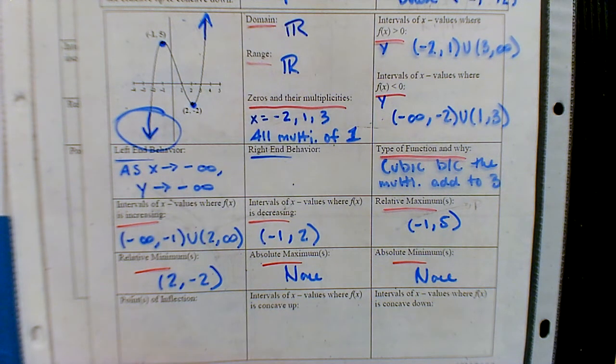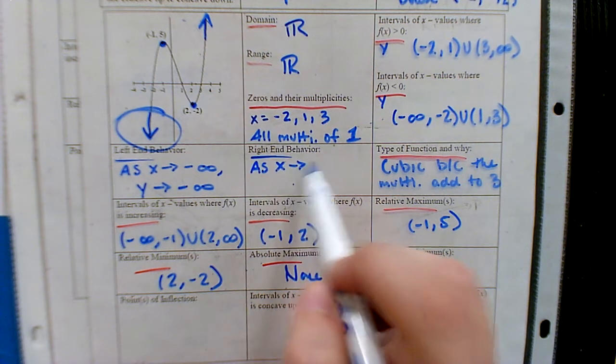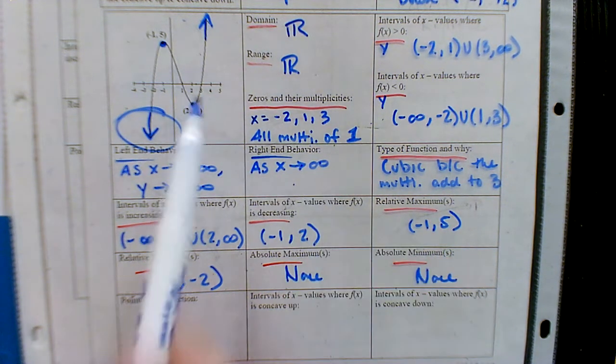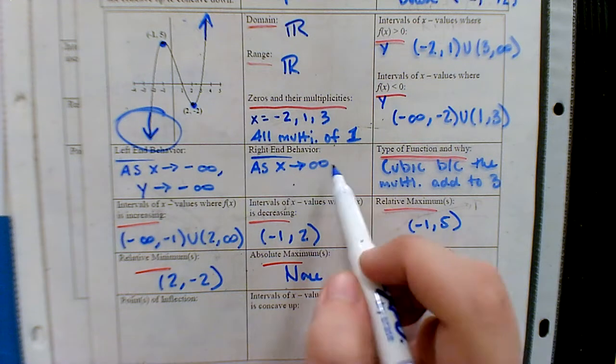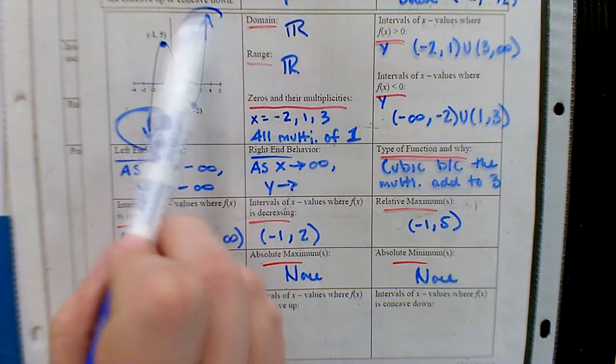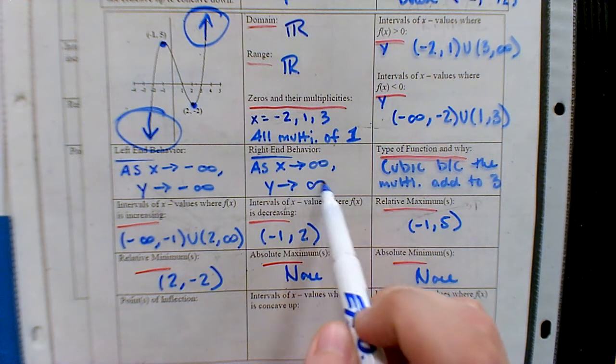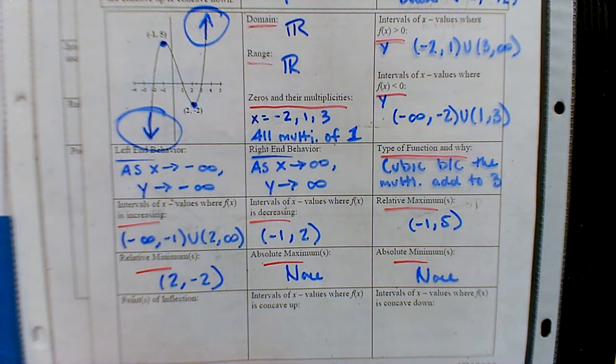It's going down forever. Okay, very similar idea for right end behavior though. As x approaches positive infinity, as we travel to the right on the x-axis, the y values look like they're going up forever. So we'll say positive infinity. We're going to deal a lot more with that in the next section tomorrow.